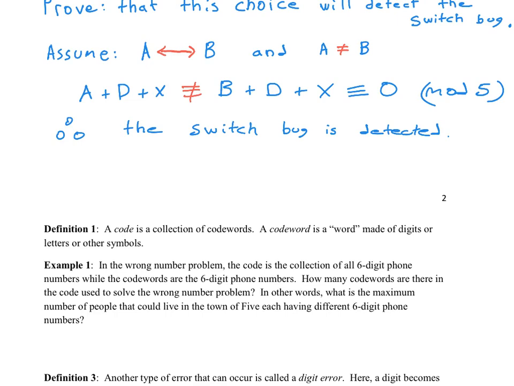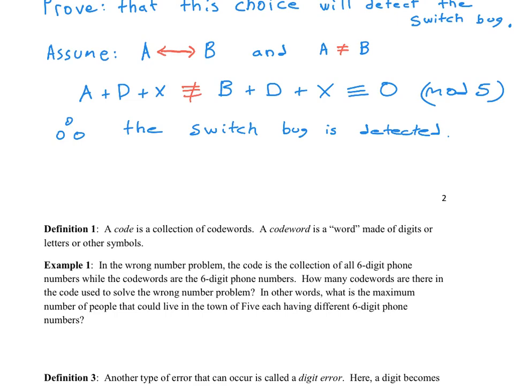Now, if you think about, let's say, the English language, we could view that as a code. Like maybe everything in the dictionary, all the words that I could possibly say, are in our code. And then, the code words are the individual words.